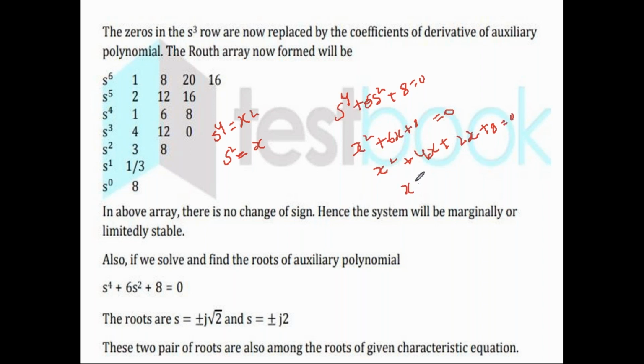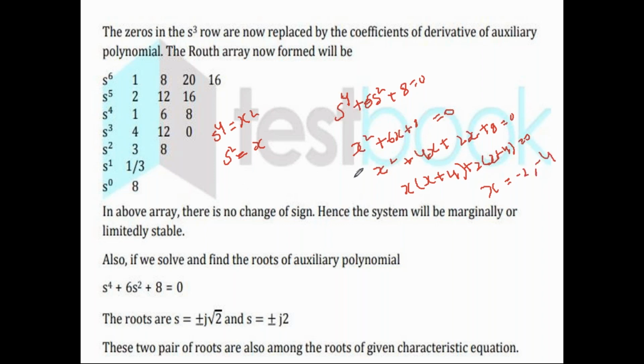And if you take x common, x plus 4, plus 2 common, x plus 4. So you'll get x equals to minus 2 comma minus 4.